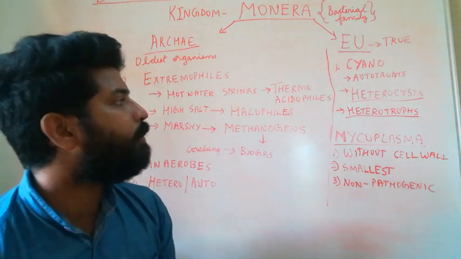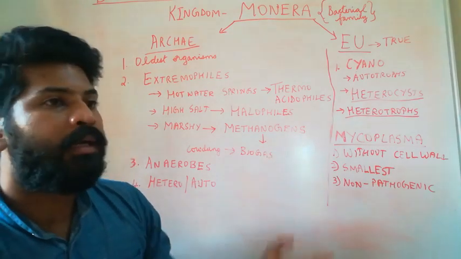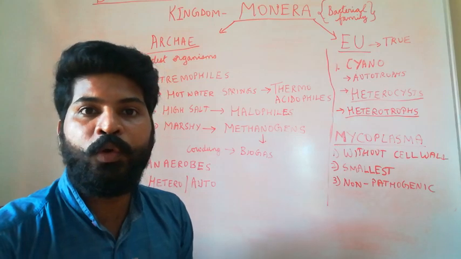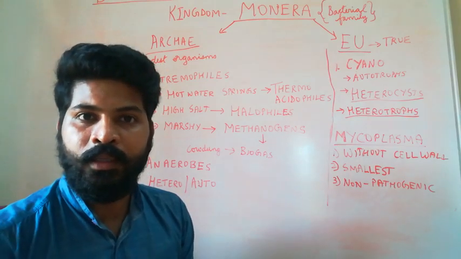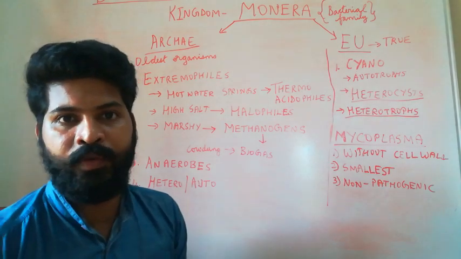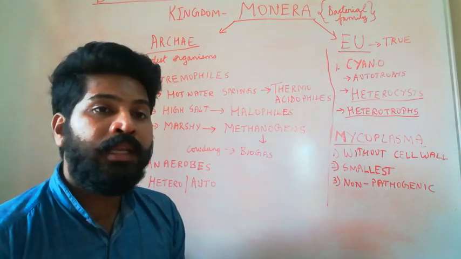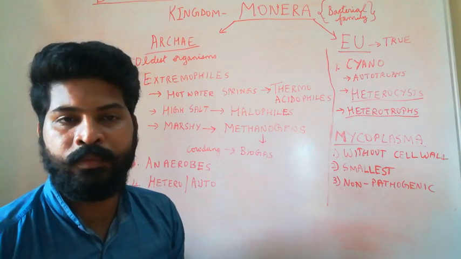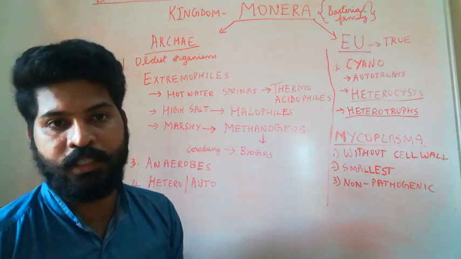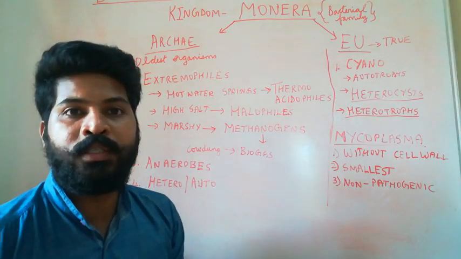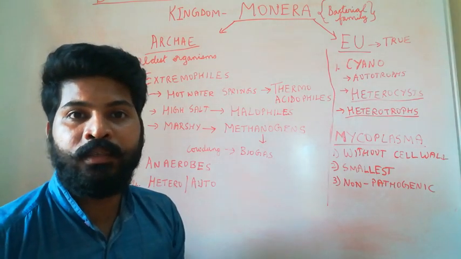Not only that, many heterotrophic bacteria are used in industries. For example, converting milk into curd is one example which we use in our daily life. Some bacteria are also used to make antibiotics for the medicine industry. Bacteria are used in biogas facilities.